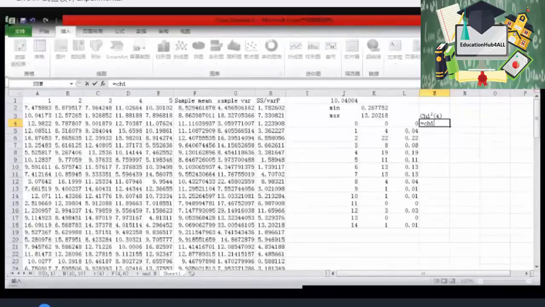If we want to find the area on this side, we should use this function. Okay, so now we use the first one. We select X, and then we select the degrees of freedom. What's the degrees of freedom here?